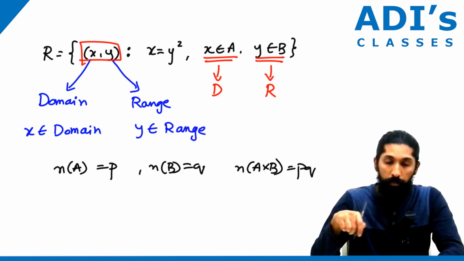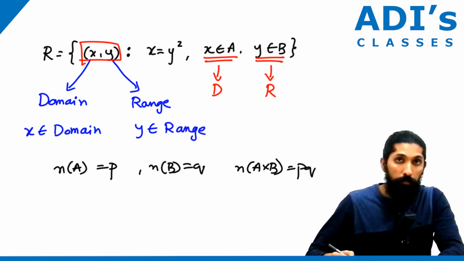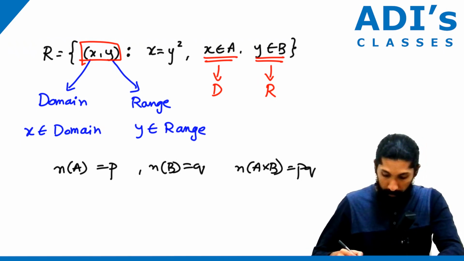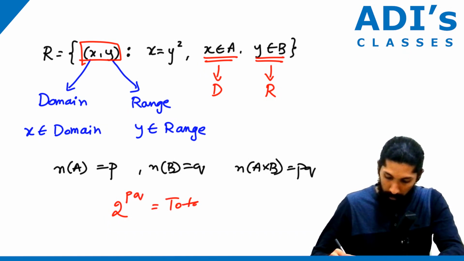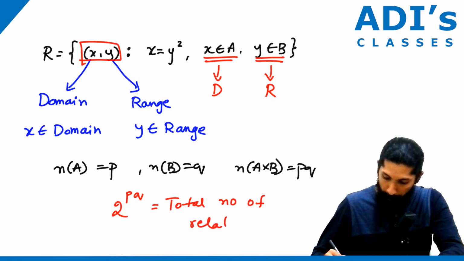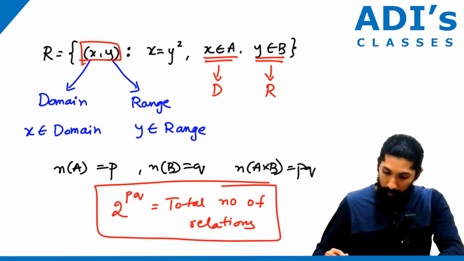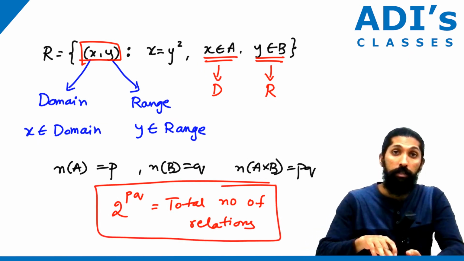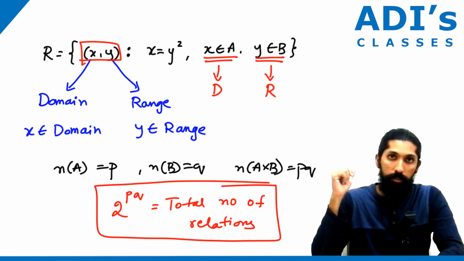Now the total number of relations between the two given sets is given by 2 to the power of PQ. This gives us the total number of relations between the two sets.